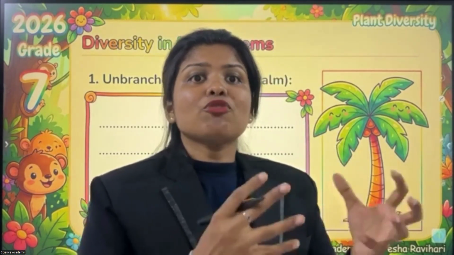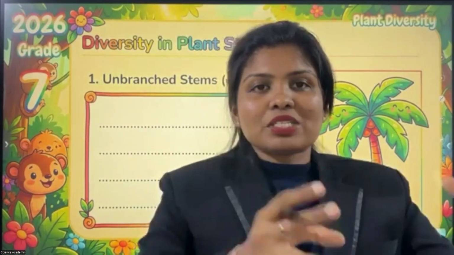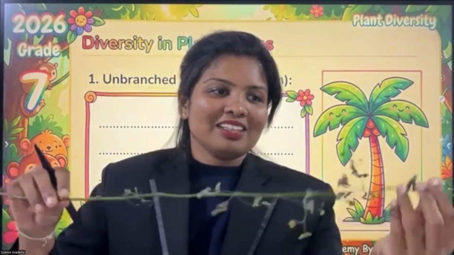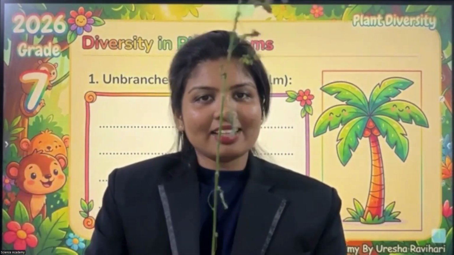In our botanical world, we can divide stems into woody stems and non-woody stems. Woody stems means we can get wood from that plant. Non-woody means herbaceous plants, from which we cannot get wood. Can we get wood to build a house from this?